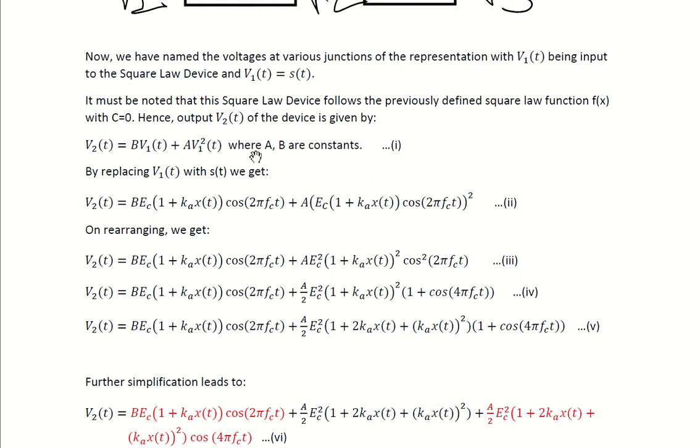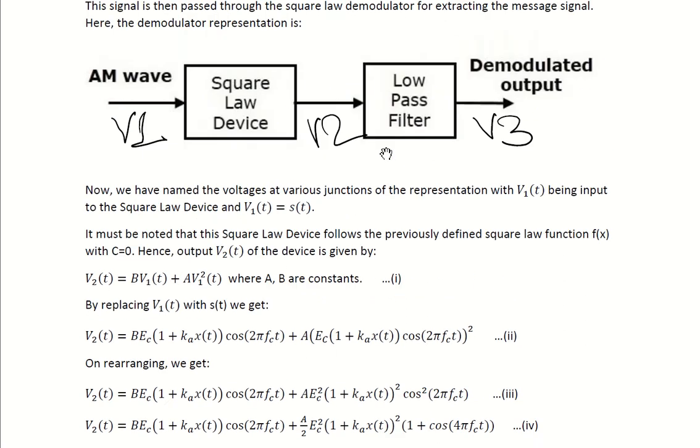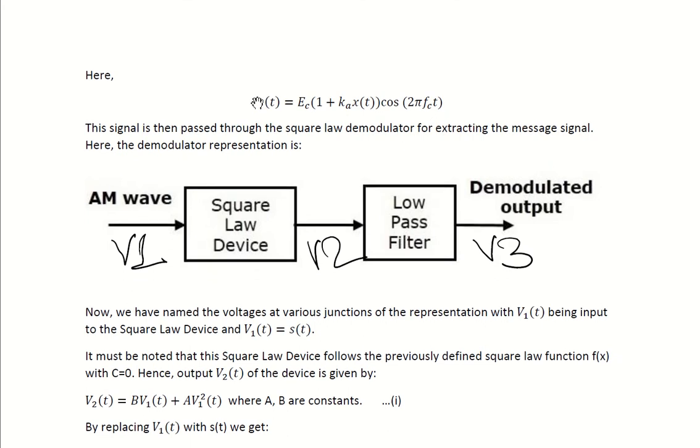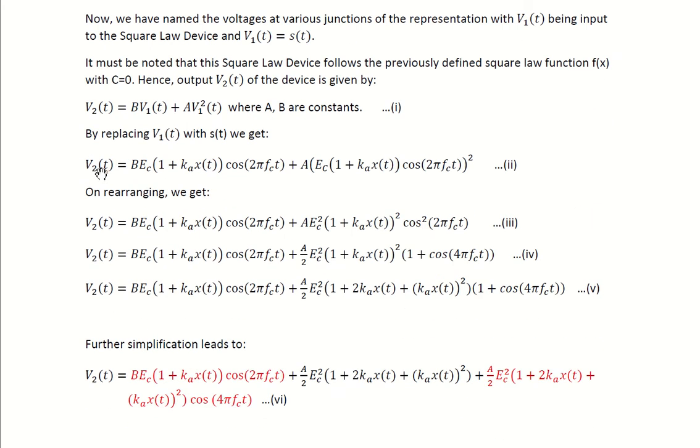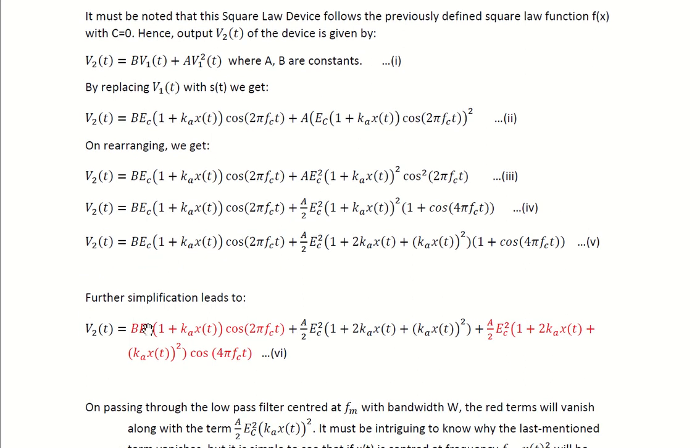We replace V1 with s(t) and expand. On expansion we get V2 equals bEc[1 + kx(t)] cos 2πfct plus a times [Ec(1 + kx(t)) cos 2πfct] squared. On rearranging multiple times, we'll get this.